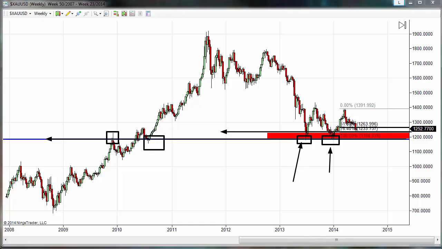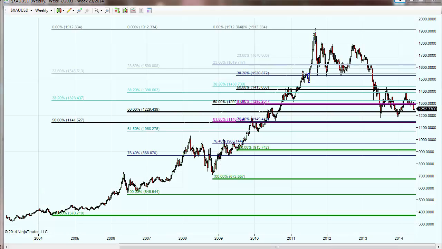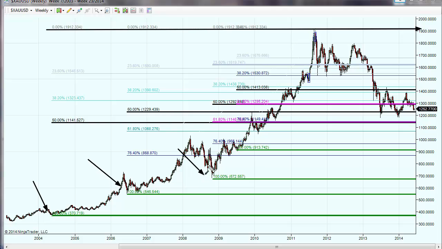Now, I've gone ahead and pulled up another weekly chart. This is a chart that we've been using throughout this year and last year to represent important Fibonacci retracement points. And as you know, all we're doing is creating multiple Fib retracements that all terminate at the record top of 1900, and it's the starting point that varies. And of course, that starting point will determine the price point that it carries from. And then you can see where they extend out.